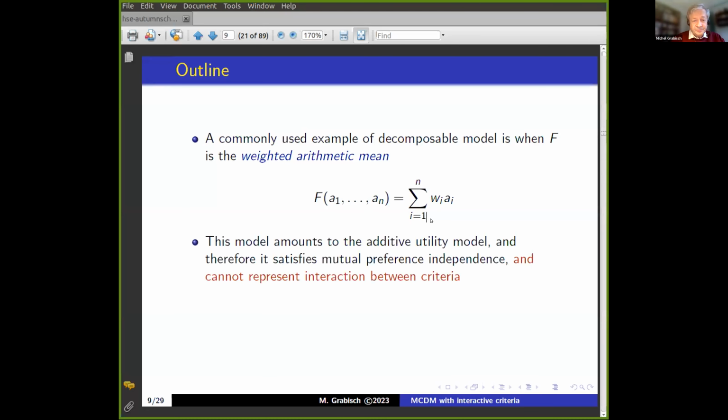Okay. So this is exactly the same as the additive utility model I've shown in one of the first slides.